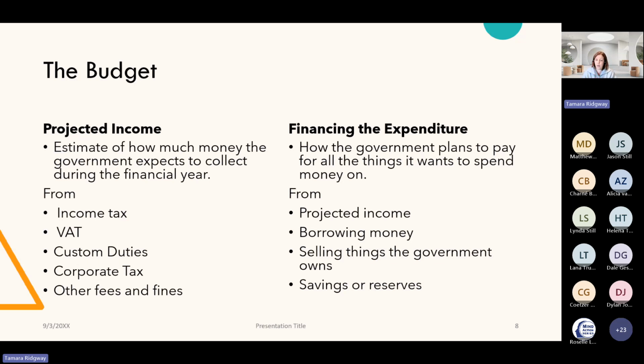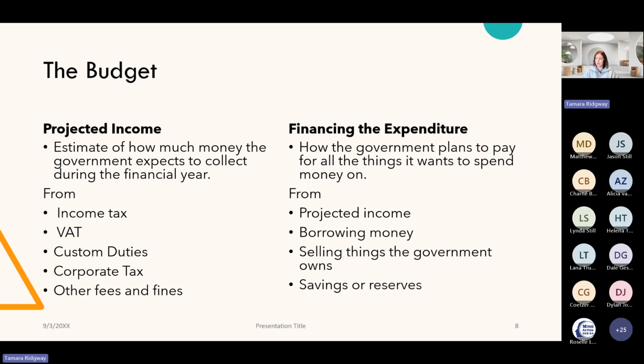But then there's another part to the budget, which is financing the expenditure, which is how the government plans to pay for all the things it wants to spend money on. And that might be from the projected income, but also from borrowing money, selling things the government owns, or any savings or reserves that they might have.